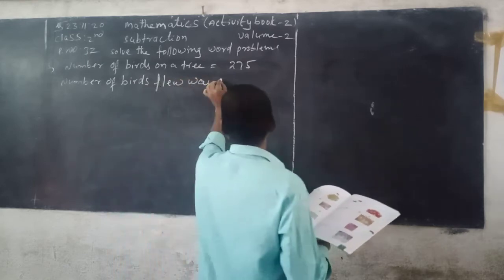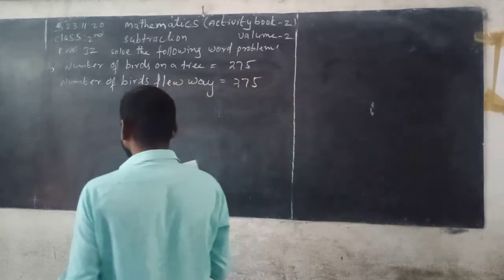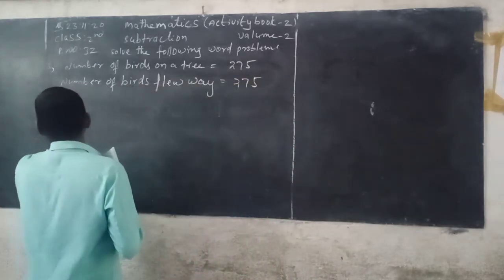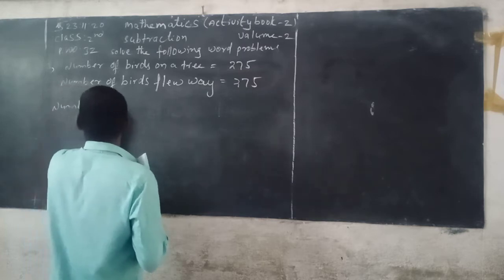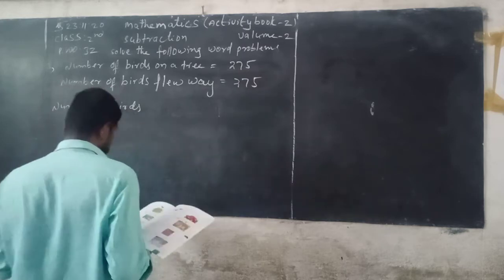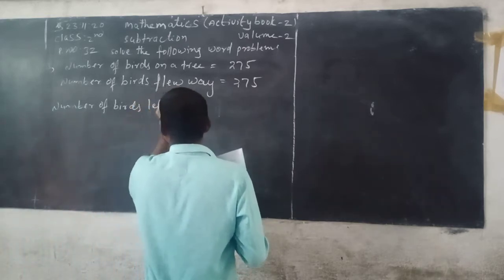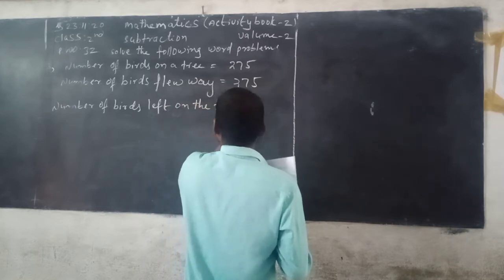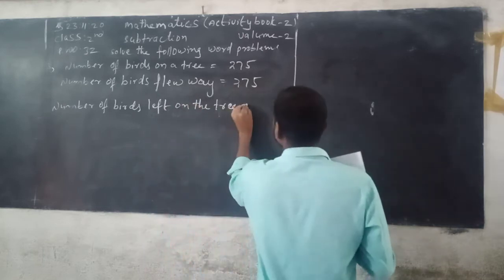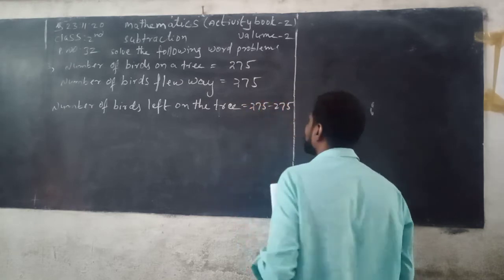How many birds? 275 birds. Number of birds left on the tree, that is equals to 275 minus 275.